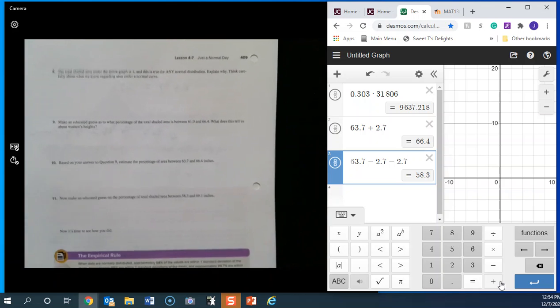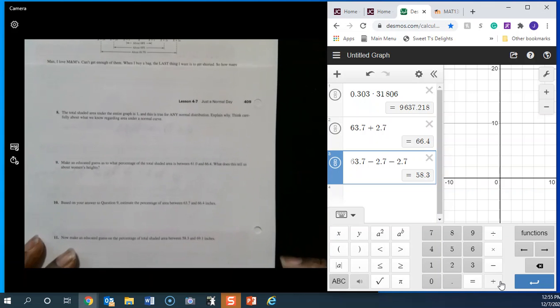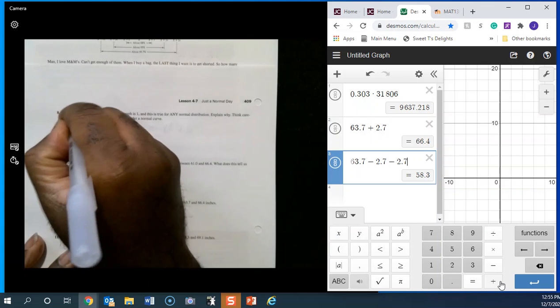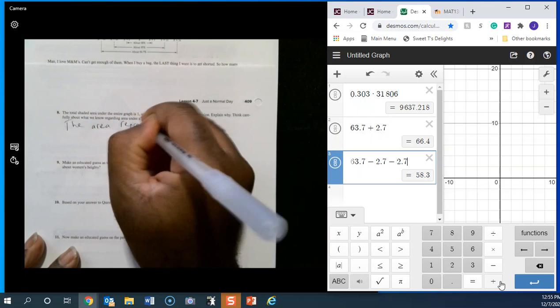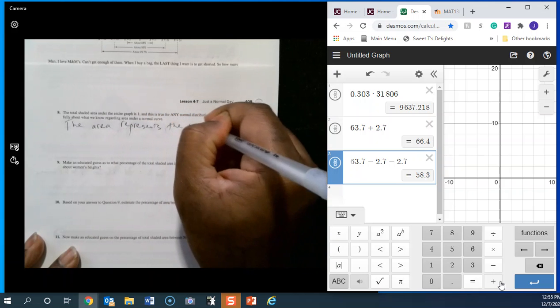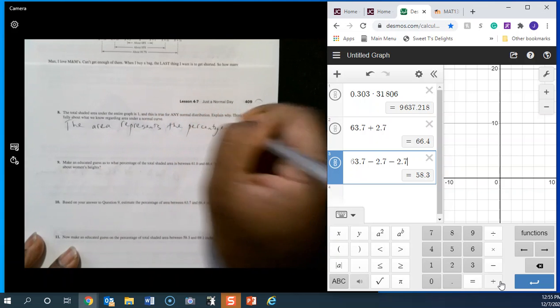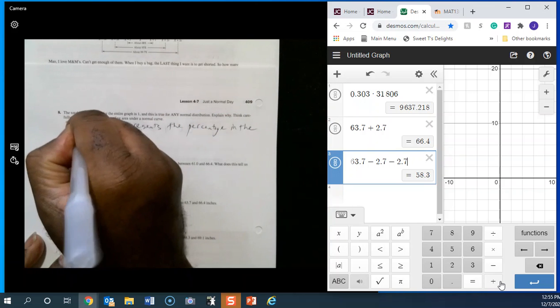Now it says number 8. The total shaded area on the entire graph is 1. And this is true for any normal distribution. Explain why. Think carefully about what we know regarding area under a normal curve. The area represents the percentage in the range.